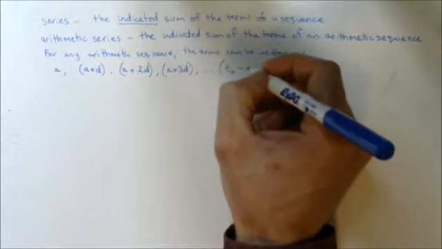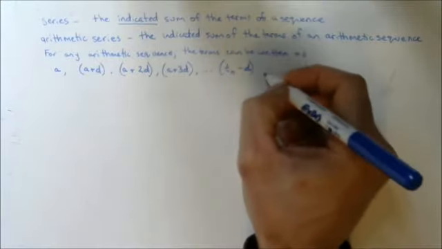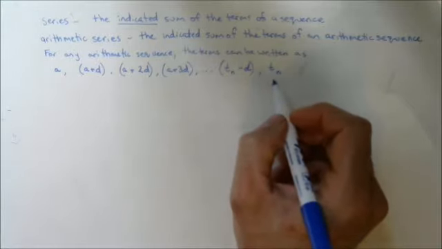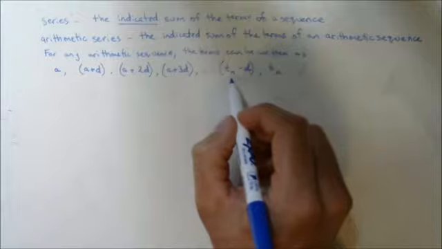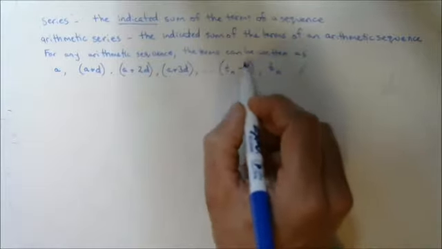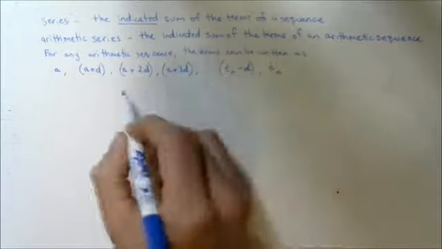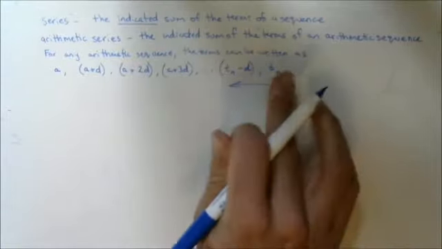Here's the second last term. If we're looking backwards from the last term, which we don't know what it is, the term before that would be the value of the last term, take away one of the differences that we've been adding all along. Moving this way, you simply take one away.